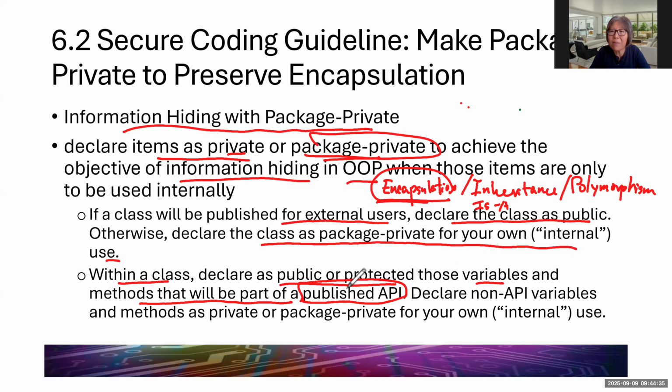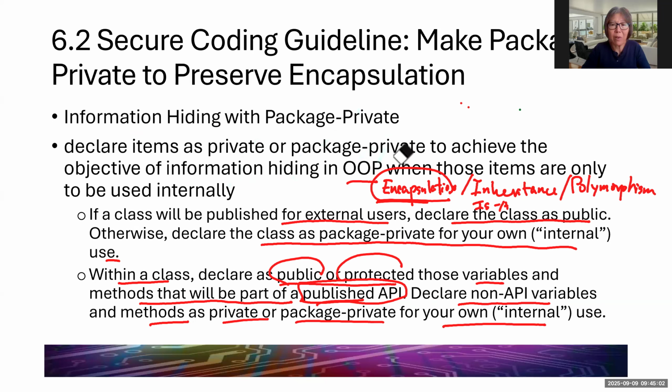Okay, so API is some interface so that externals can go ahead and use it. So if you provide it as public and protected, with the package. Otherwise, you declare non-API variables and methods as private or package private for our own internal use. So here are some recommendations regarding secure coding for encapsulation.